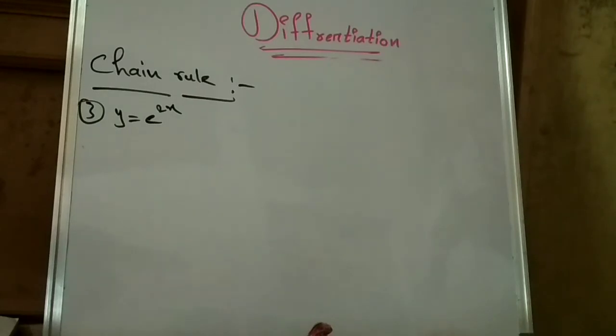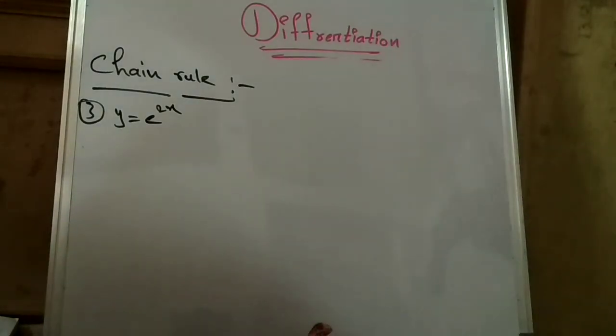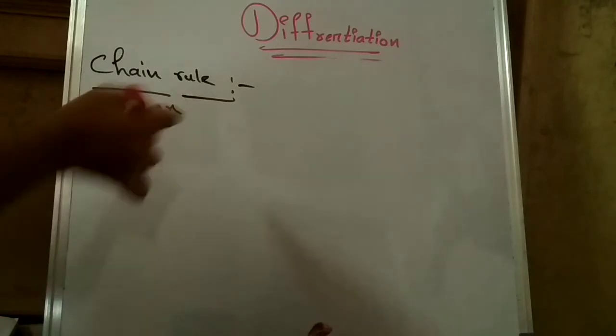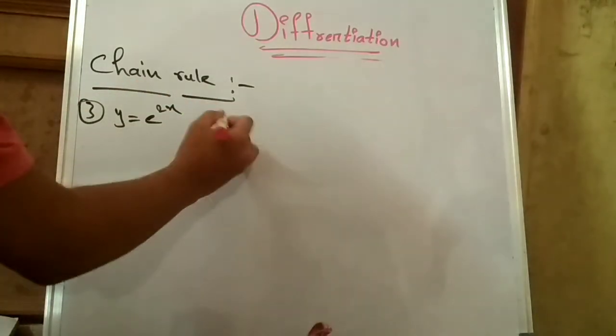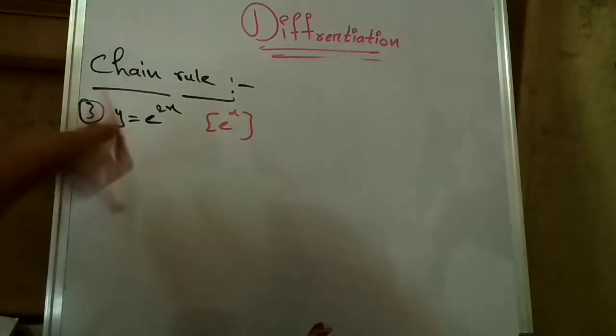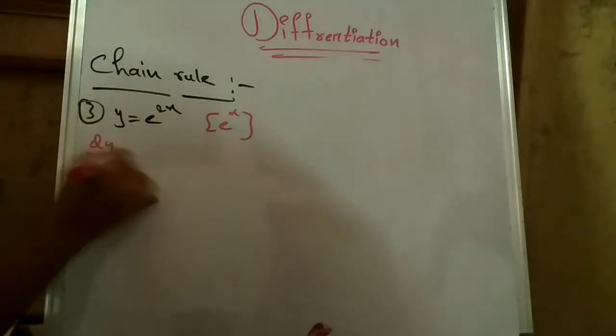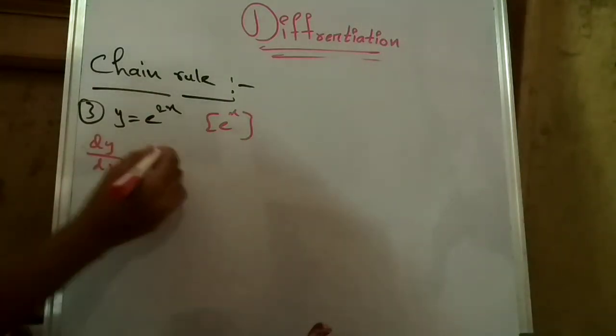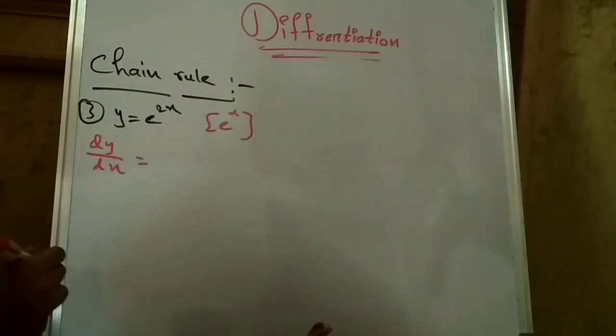Easy. y is equal to e to the power of 2x. If it was e to the power of x, the answer would be e to the power of x and we would move on. But no, it is e to the power of 2x. But we will imagine it as e to the power of x and go with that formula only. So dy by dx is equal to e to the power of 2x.